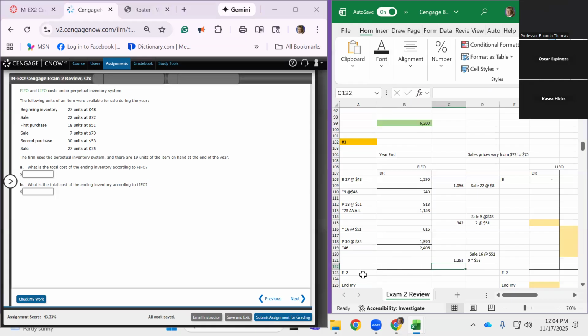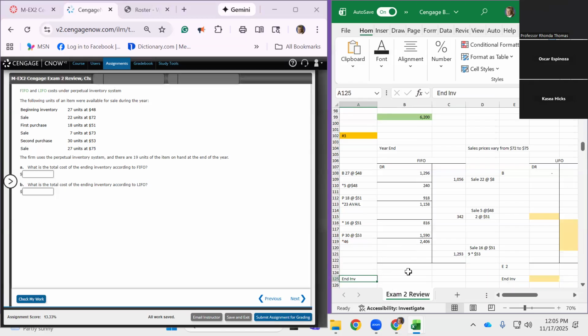That means that we have, and they even told us, ending inventory. Okay, ending inventory has how much left? Okay, so we can actually make sure to prove how much they have left. So if we had 27 and we sold 22, we had 5, and 5 and 18 is 23.